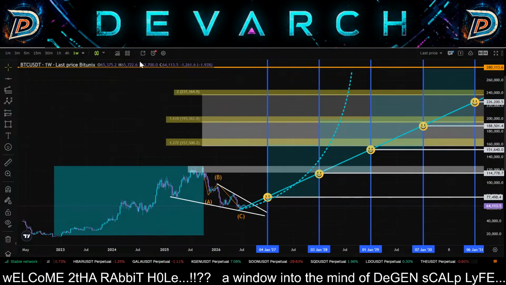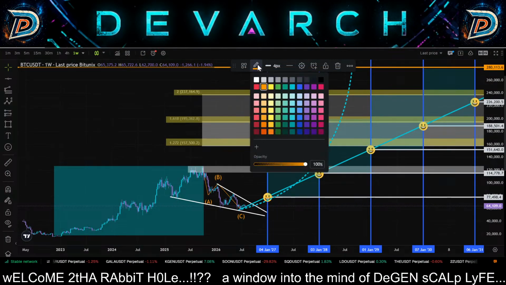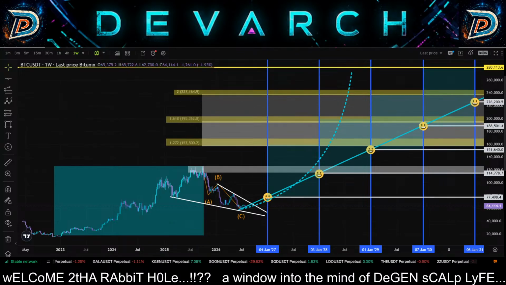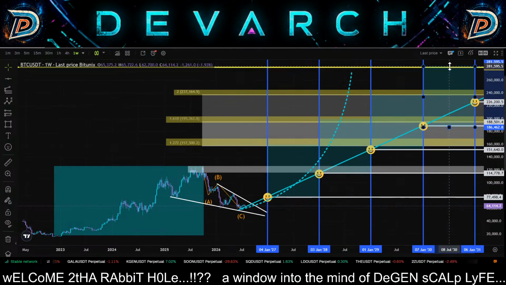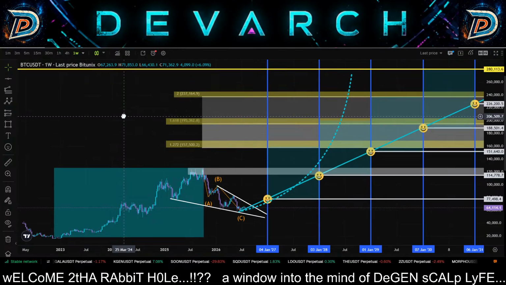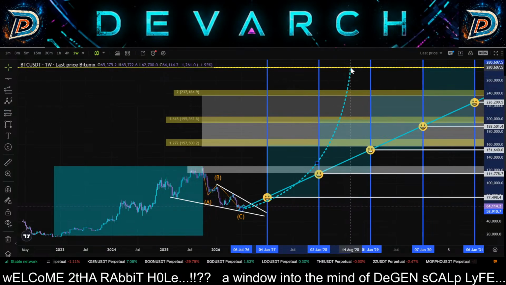I think that is a kind of realistic representation of what could happen over the coming years. Of course, it could fly way higher, way faster. Nobody knows.